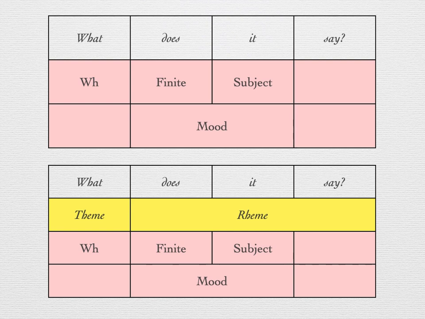And it is the unmarked topical theme, but it's also, as I pointed out before, interpersonal theme, representing the demand for information. And it's always followed by the finite. If the WH is a subject, then the subject will, of course, be followed by the finite. But in all other cases, the subject follows the finite, as in this example. "What does it say?" rather than "what it says," or "what it does say."